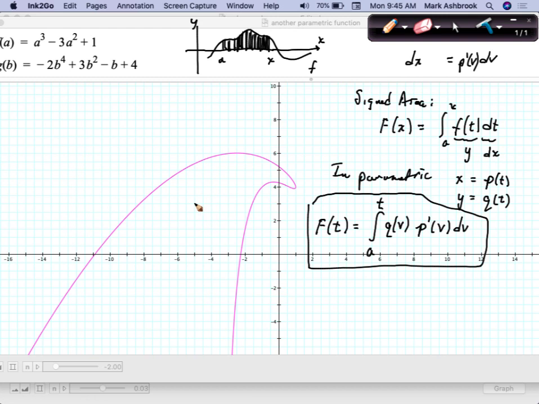Okay, so what would happen? So this is something like t equals 1.4 here. And so I'm going to make my a value 1.4. I'm going to start accumulating signed area at 1.4. And as t increases, what will I be doing? As t increases from 1.4, will the value of this function increase or decrease?